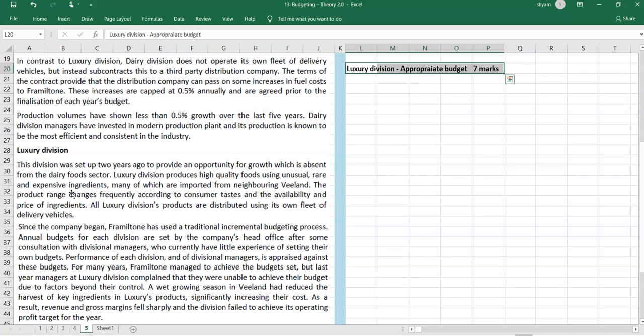So first we'll start from here. This division has more growth opportunities.